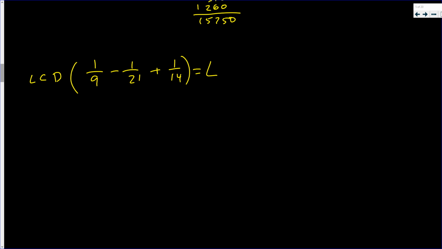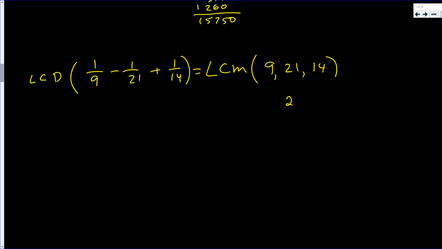This is going to be the same as the LCM of 9, 21, and 14. Now, again, you can look at the times table, or you can use the factor trees. The numbers are relatively small. Use the factor trees. If they're a bit bigger, don't.